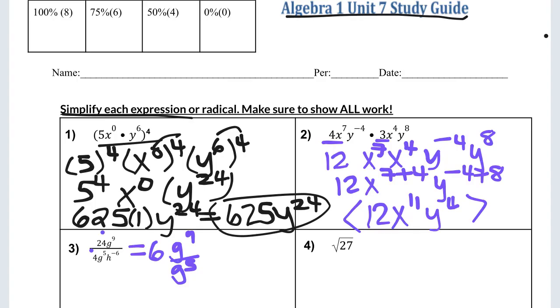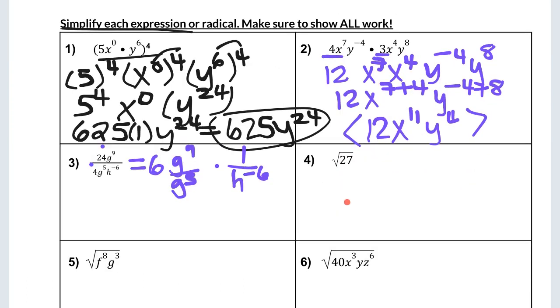Followed by 1 over h to the negative 6. Now recall, we cannot have a negative exponent, so we will need to change that. But because it's in the denominator now, to create a positive exponent, we'll bring h to 6 in the numerator.